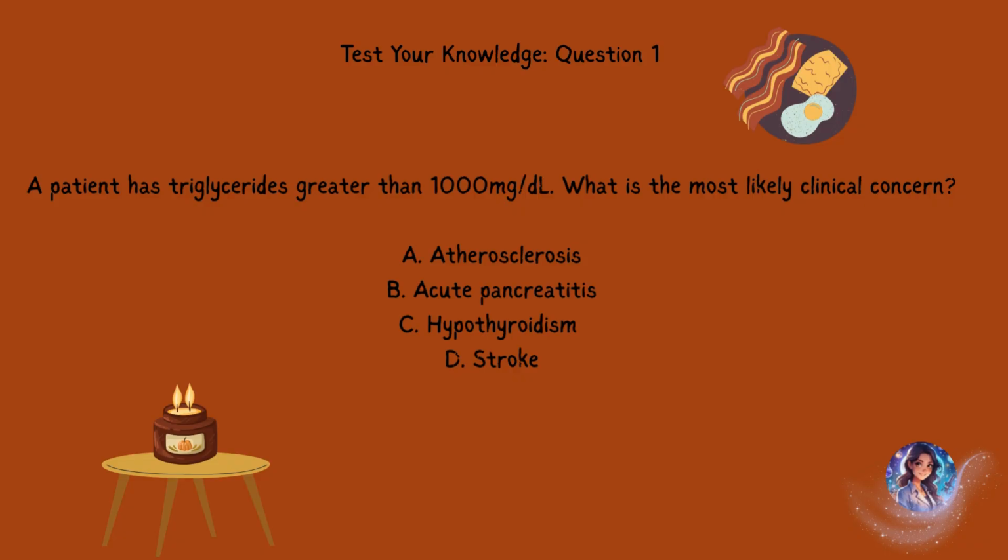Hypothyroidism can't be because it raises triglycerides, but it isn't the result. And stroke is a long-term cardiovascular disease risk. So it can't be A, it can't be C, and it can't be D, and that leaves us with acute pancreatitis.